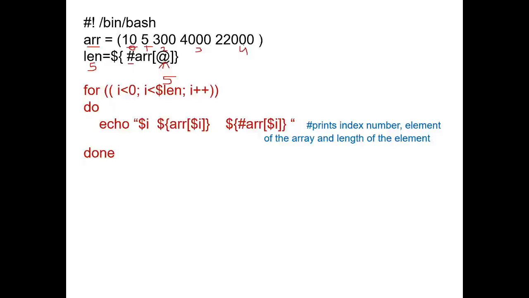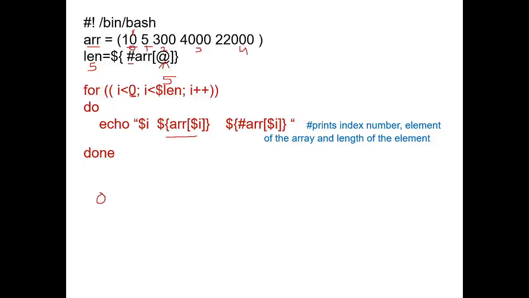First, say the I value is 0. That means it will first take the first element, I is equal to 0, and then compare it with length, which is 5. Then it is going to display $I, meaning first it displays the index position, which is 0. Then it displays the element stored in $I.